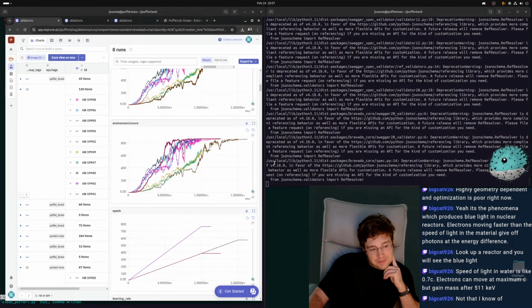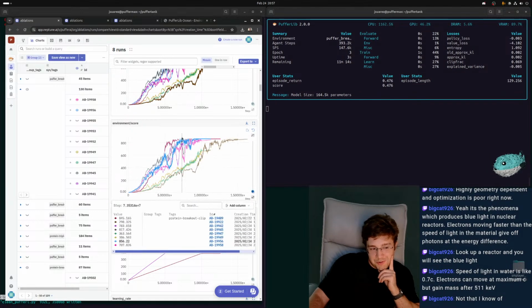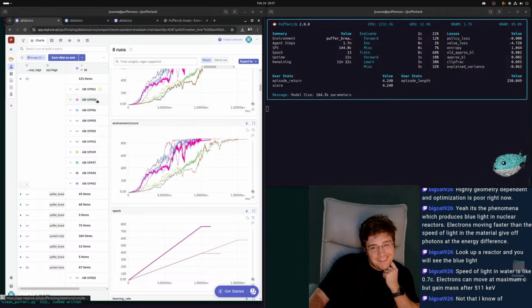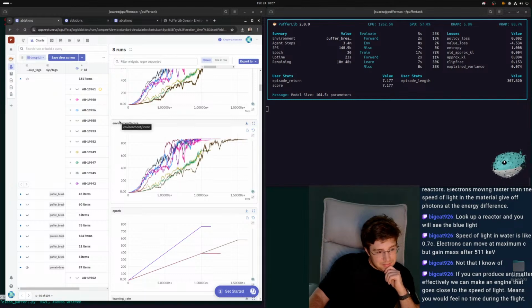See, because if there is any sort of speed of light loophole, I bet that we're going to be able to have faster than light travel and stuff, and that would be pretty cool. We get to have some sci-fi stuff. If you can produce antimatter, make an engine that gets close to the speed of light, you would feel no time. Yeah, but then you would get the shitty version of sci-fi, right?